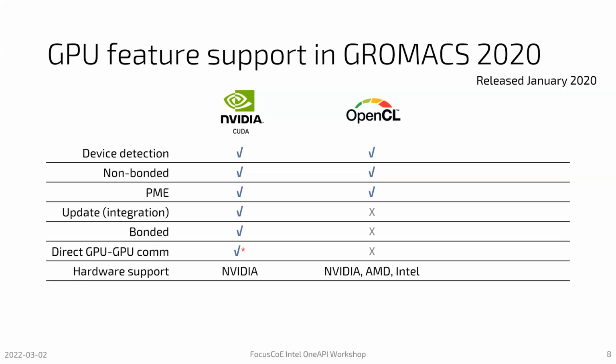It had fewer features supported and wasn't able to offload as many operations as we could with CUDA, but it allowed us to run on AMD and Intel devices, which was at the time considered acceptable. So most of the GROMACS team's efforts were spent on CUDA, with OpenCL being supported to some extent.